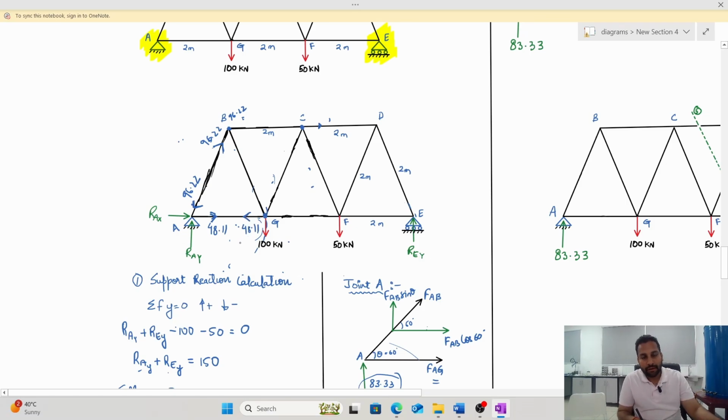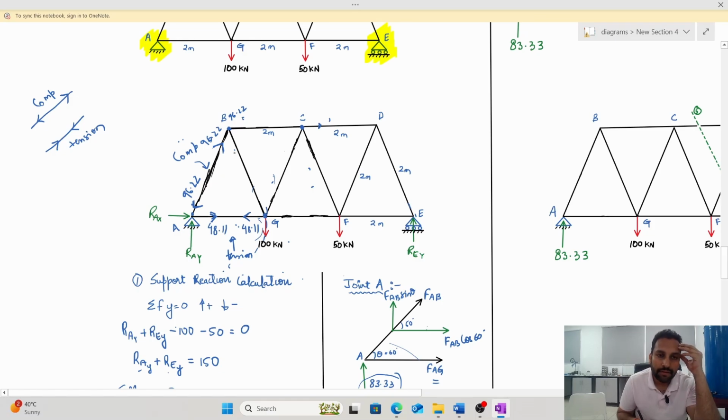Now, if you can recollect, in our previous example, we clearly mentioned if forces are going towards the joint, it would be compression, and if the forces are going away from the joint, then it should be tension. Okay, so this would be under compression, and this would be under tension.